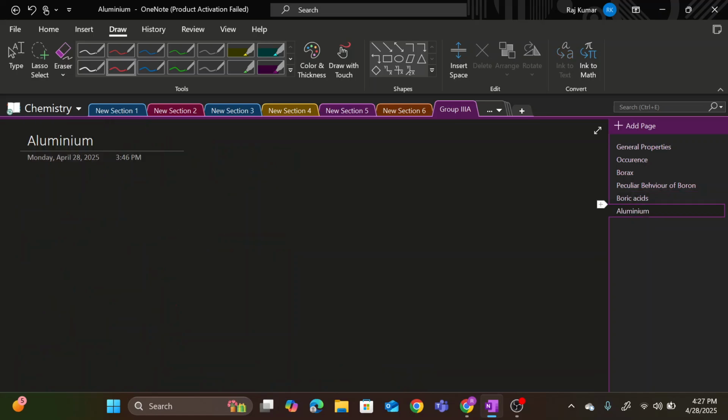After that, we have aluminum. If we just talk about the characteristics of aluminum, aluminum basically has metallic characteristics that are pretty huge.